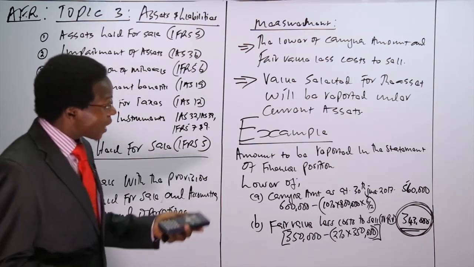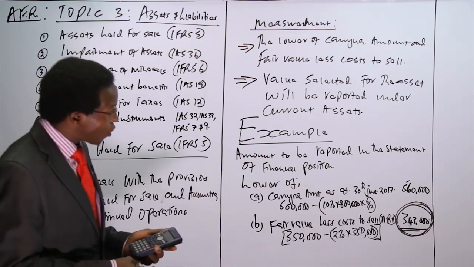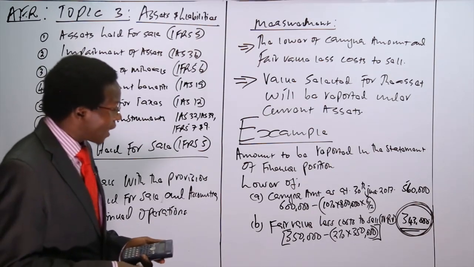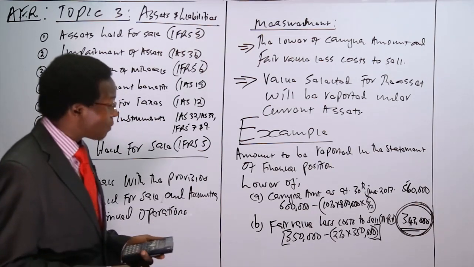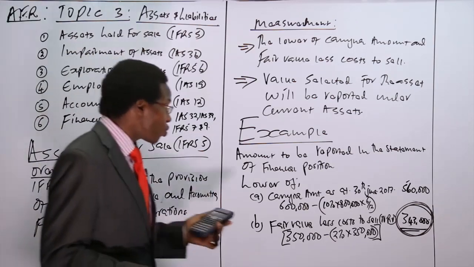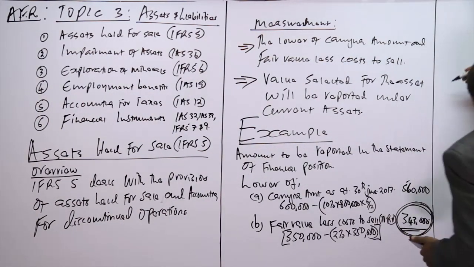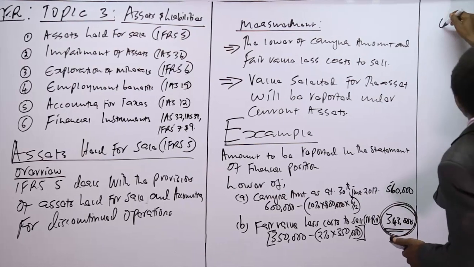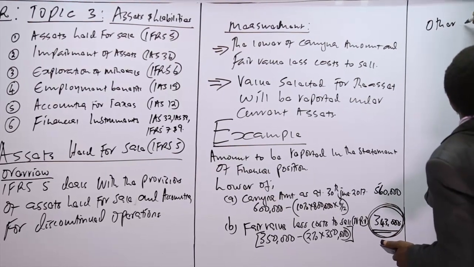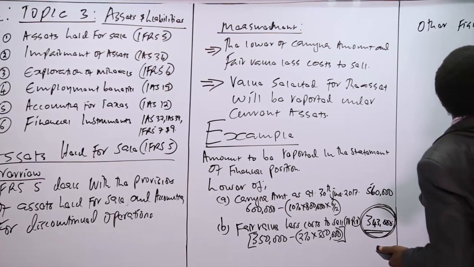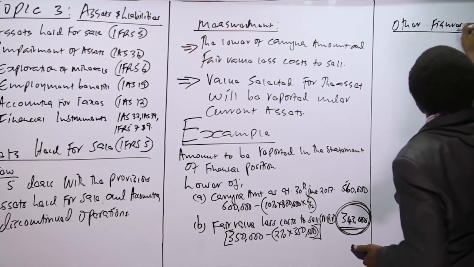Apart from that loss, there is a depreciation that we are going to recognize for the current year. That depreciation must be reported in the books, and that's the 40,000. So don't forget that other figures are to be reported in the statement of financial position.